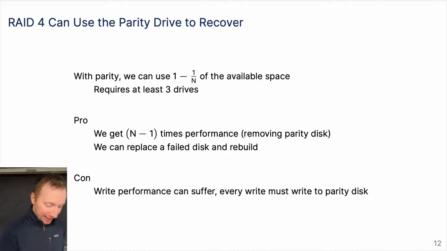But the con is that that's not actually going to be true, because your write performance is really going to suffer, because any update has to write to the parity disk. The other pro is we can tolerate a single disk failure with good performance and not wasting that much space. But if 2 disks fail, then we're screwed.